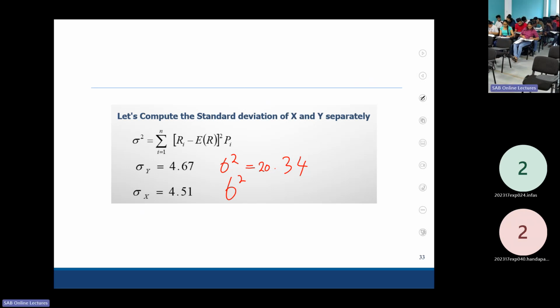This is X, and this is Y. Variance of stock Y is how much? You know the standard deviation, and its square is the variance.